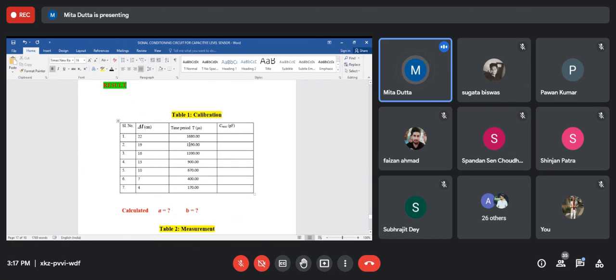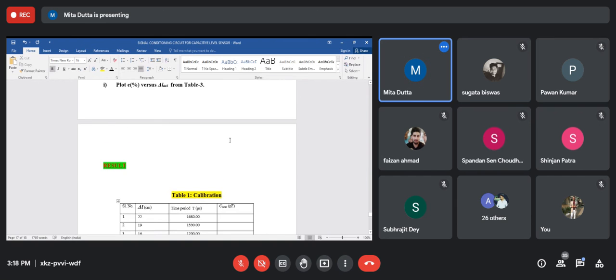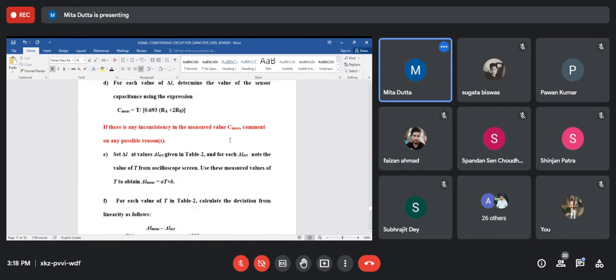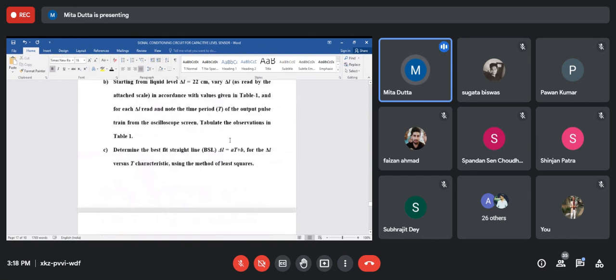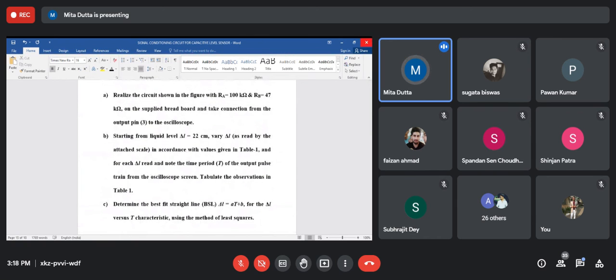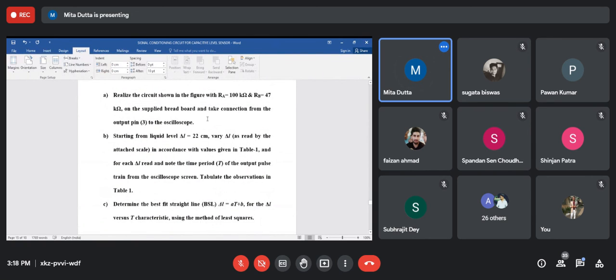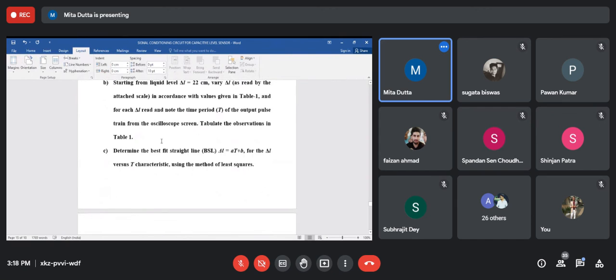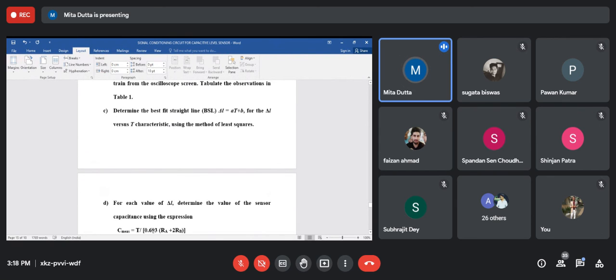And based on these two data, you have to find out the value of the capacitance, and then using that value of C, we are going to use it later on.